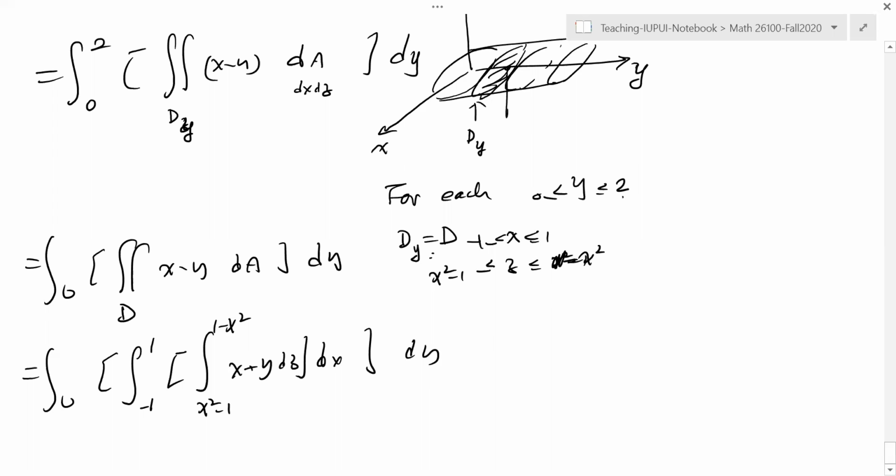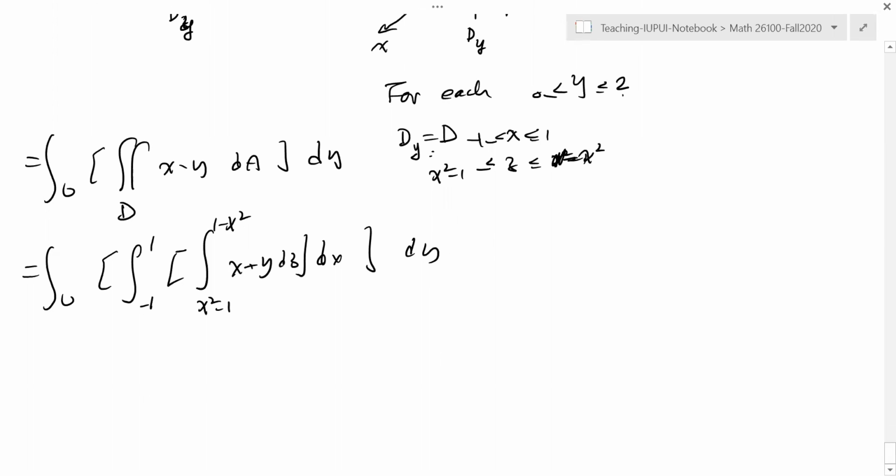Now it has nothing to do with z. For x minus y, the difference is 1 minus x squared minus x squared, so it's actually 2 minus 2x squared.